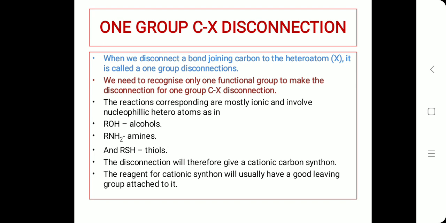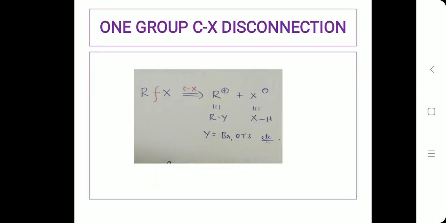So we know that oxygen, nitrogen and sulfur are more electronegative compared to carbon. So when we look at the disconnection, RX is getting disconnected in such a way that R, that is carbon, always possesses a positive charge and X has the negative charge. Here X can be oxygen, nitrogen or sulfur.